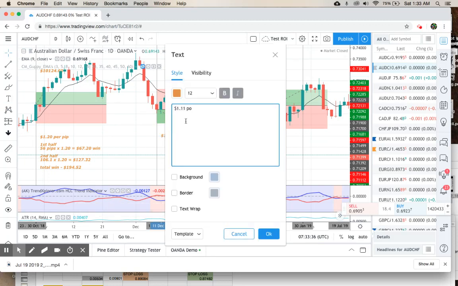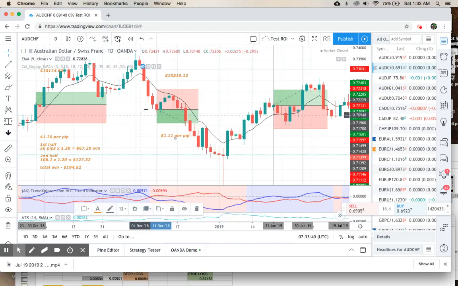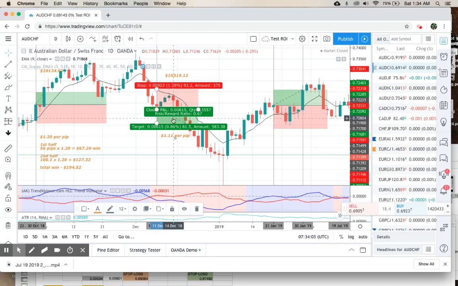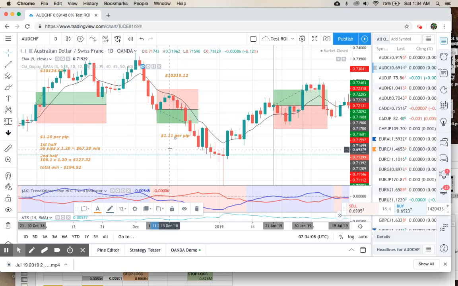$1.11 per pip. Okay, so we entered the trade here, and did it hit the stop loss? No. Did it close across the 9 EMA? No. It's a short trade. It hit the take profit for the first half of the trade. And so the first half of the trade is worth 61.5 pips.